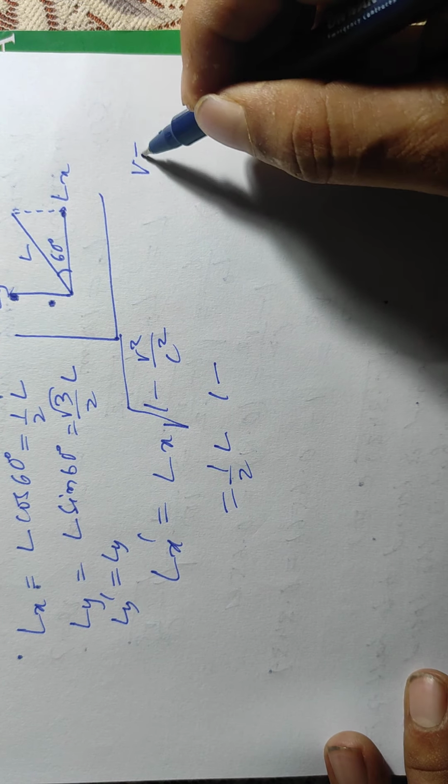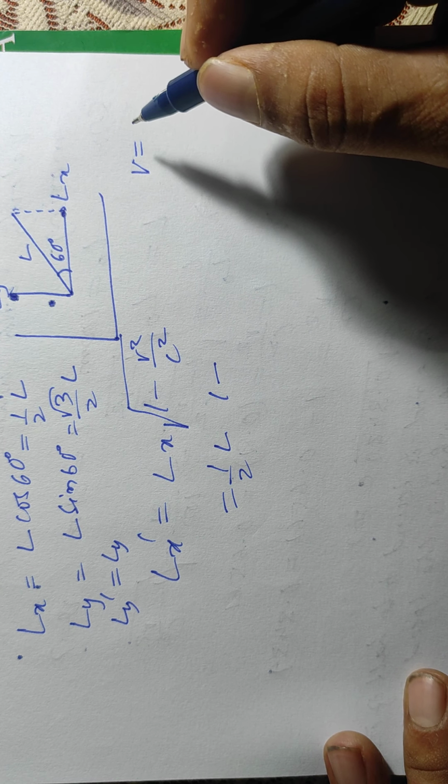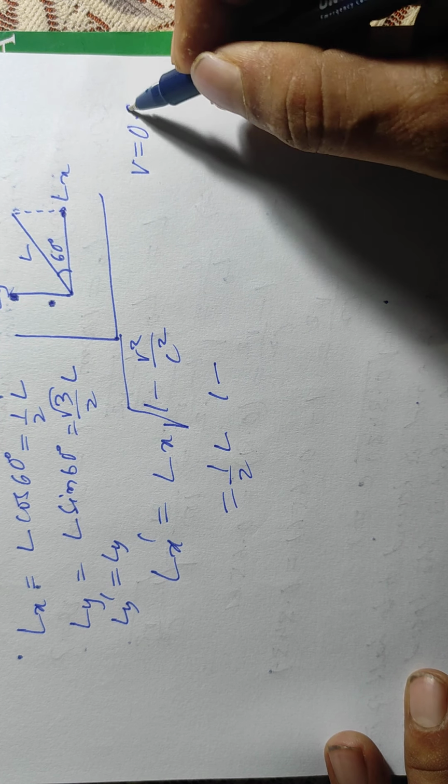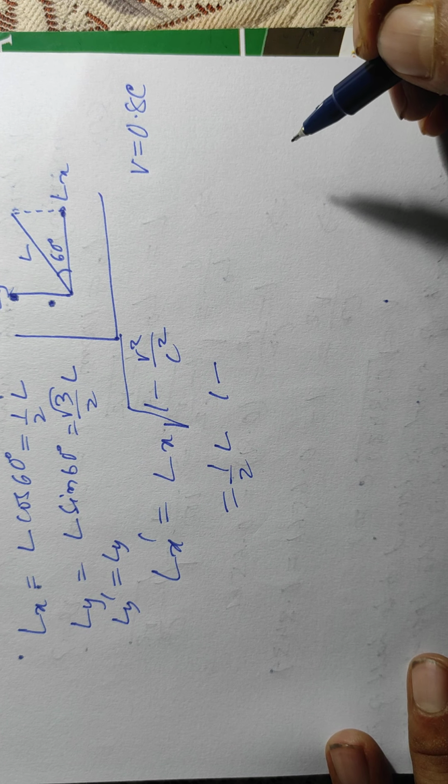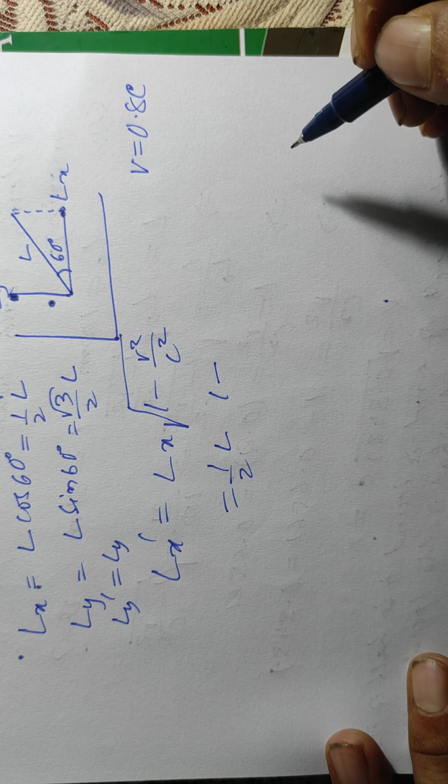V is moving how much? 0.8 times the velocity of light. Clear? The frame is moving parallel to the length of the rod, so the frame is moving in this direction. So V is equal to 0.8 c, because the frame and the length of the rod will be in the same direction.